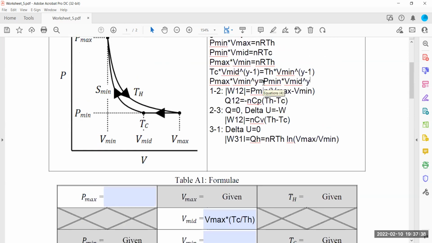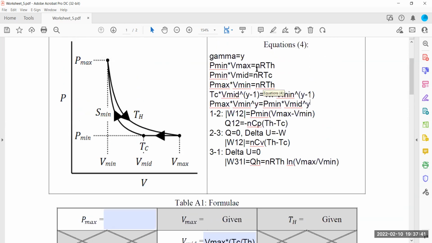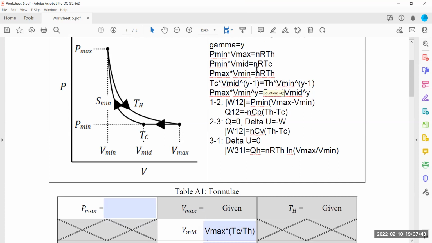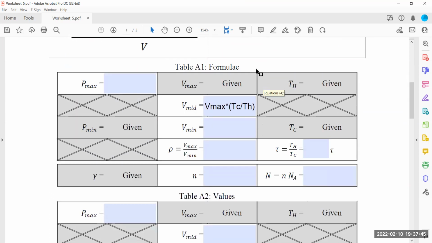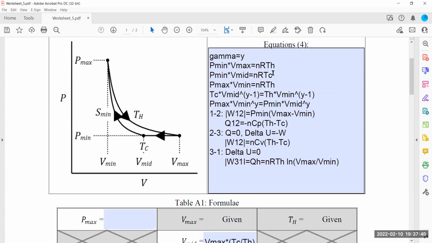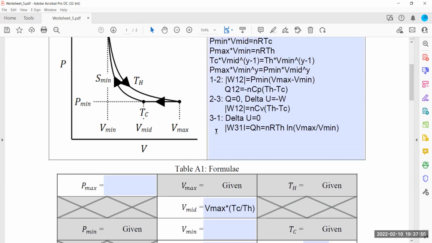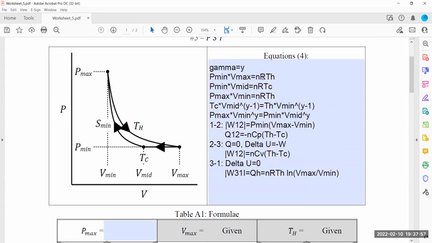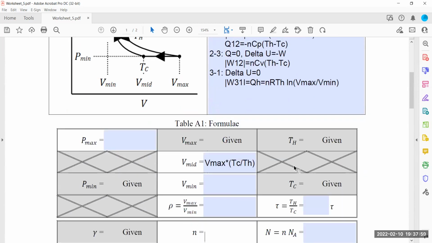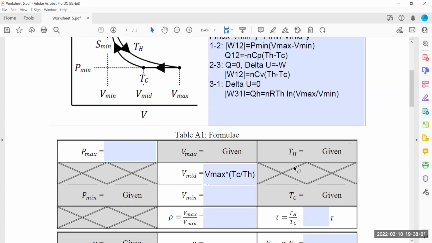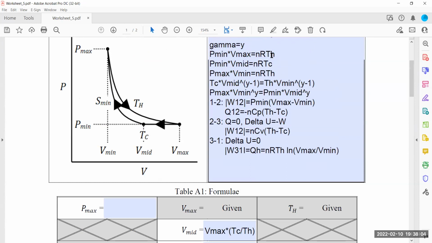It may be useful now to find what n is. It may be useful to find this number of moles, because I can go back to this expression here. I have P min times V max, and P min is given, and V max is given, equals nRT_H, and T_H is given. So I need to find the number of moles in here from the first equation.